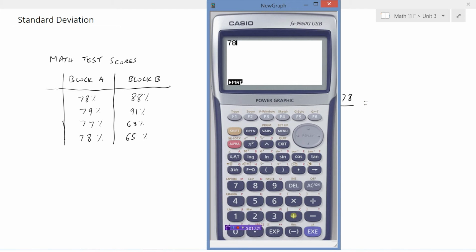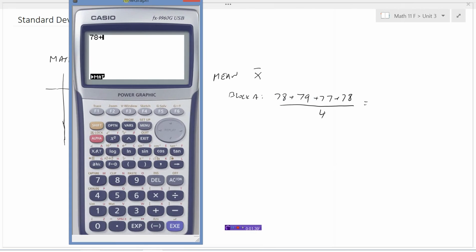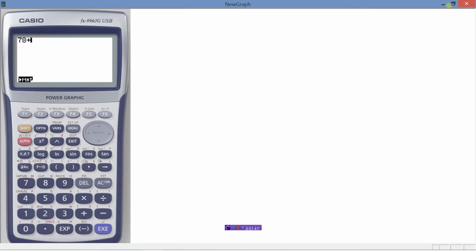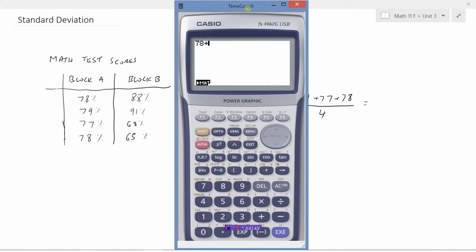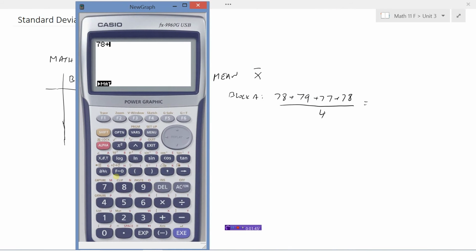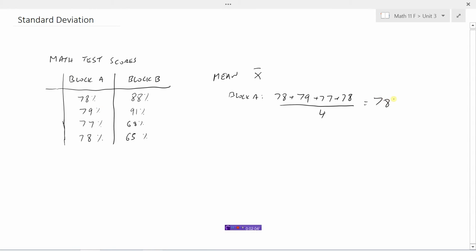So 78 plus 79 plus 77 plus 78, divided by 4 equals, so Class A or Block A has an average of 78%. So the mean for Block A is 78.